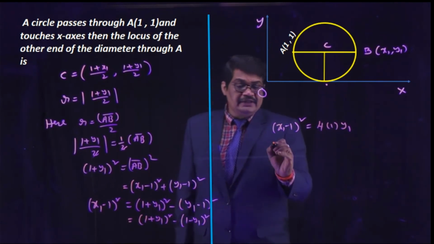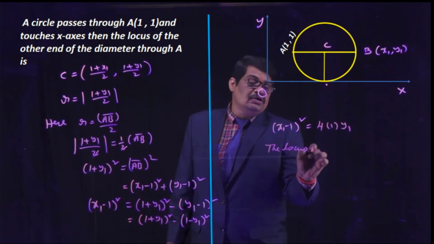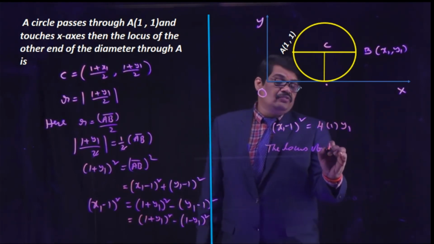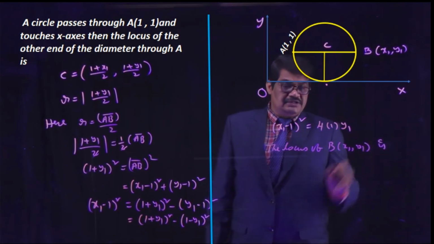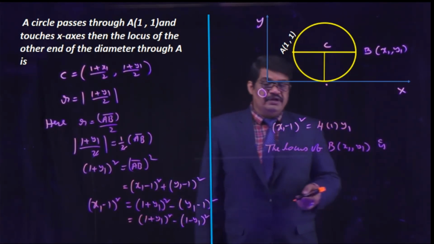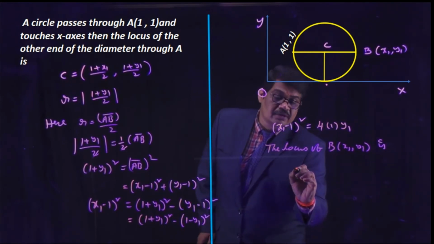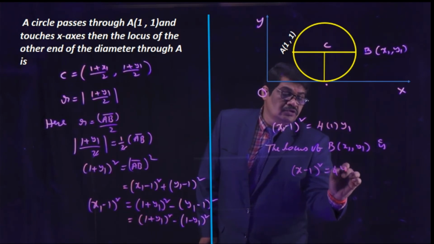So now we are writing the locus. What do we have to find? The locus of B. What is B here? B is (x1, y1). In place of x1 we write x, and in place of y1 we write y. Then the locus of B is (x minus 1) whole square is equal to 4y.